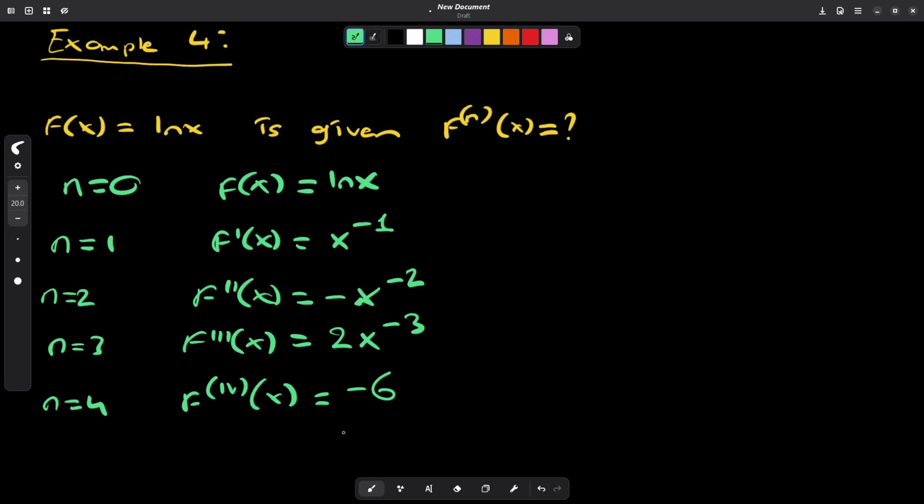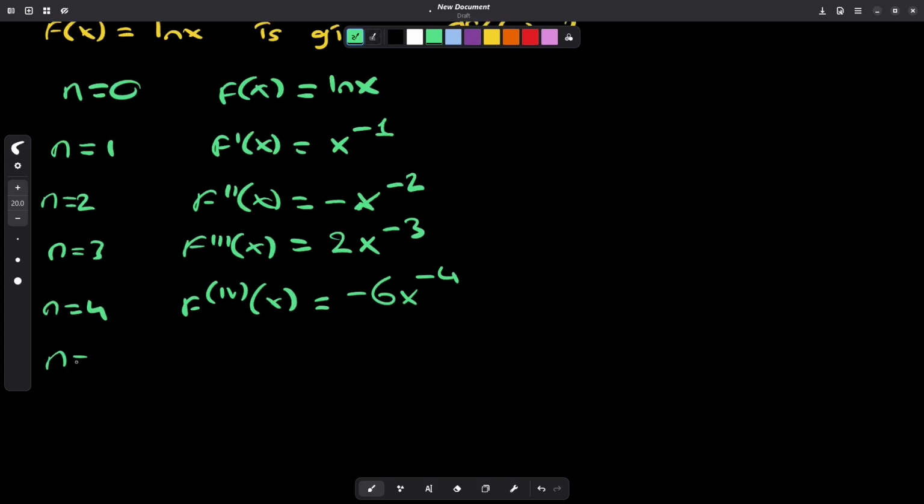Maybe the next one will be 4 factorial. Negative 6x to the power of minus 4. Fifth derivative. 24x, as I said, 4 factorial as a constant here, to the power of negative 5.